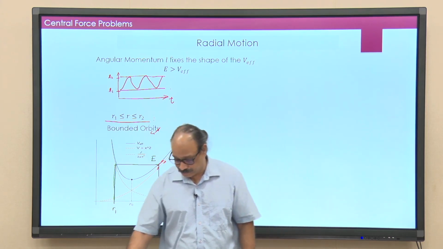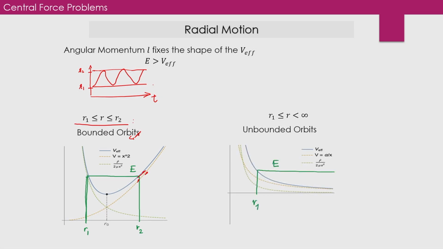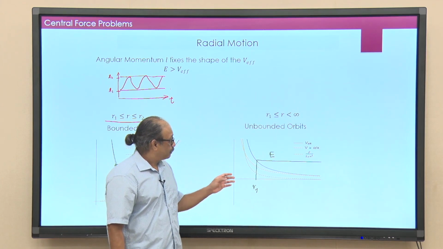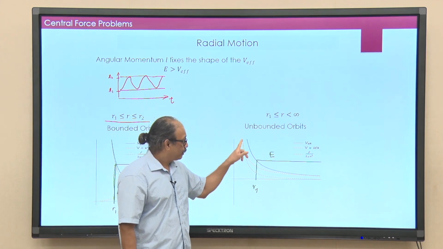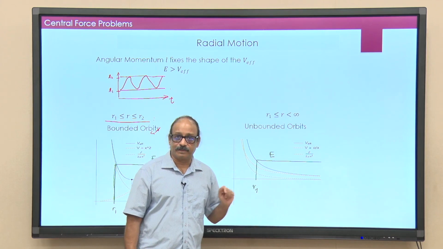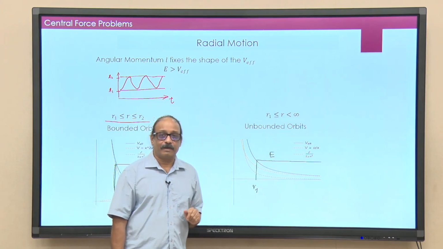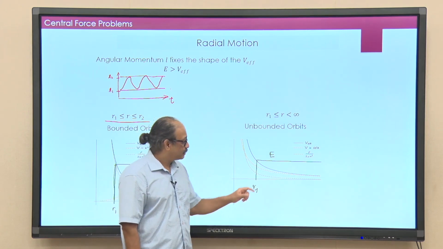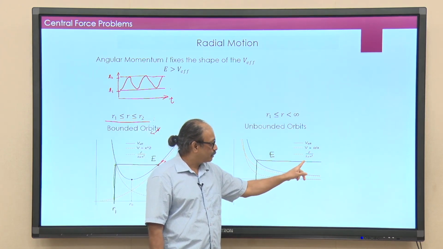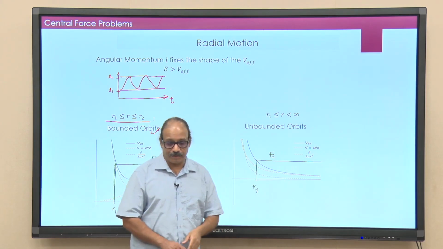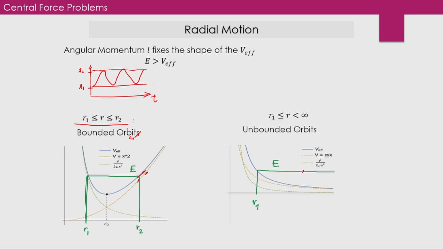Here is the second possibility. If I take this repulsive potential, once I choose L, my V effective is fixed. Now, I choose energy E. What will happen in this case? Suppose I start motion from some point here and I set an initial speed in this direction.